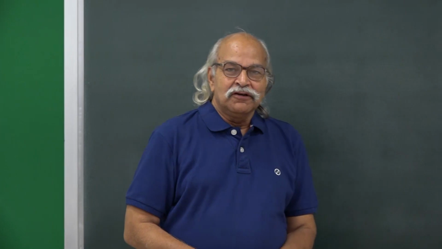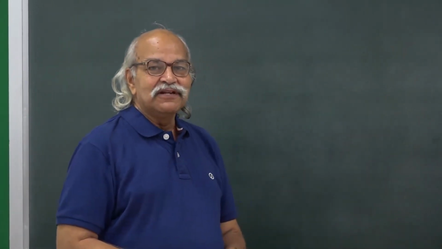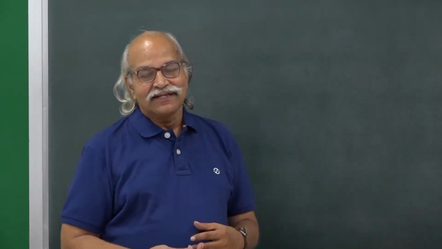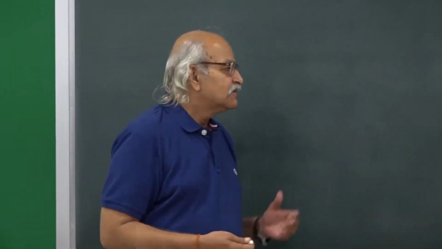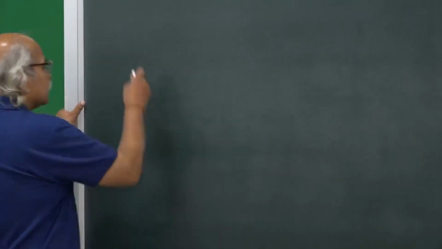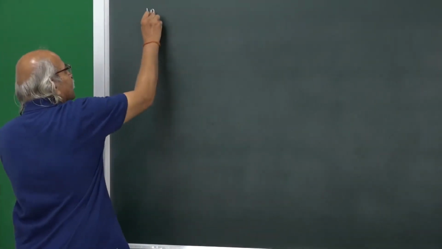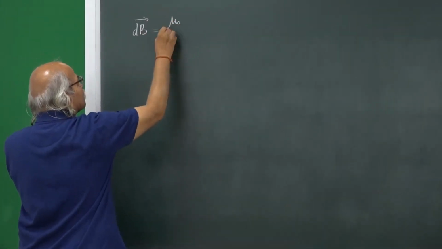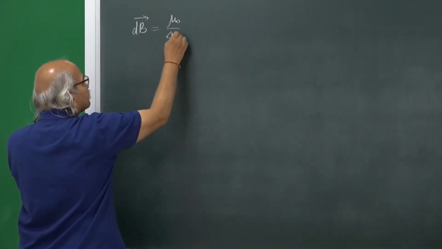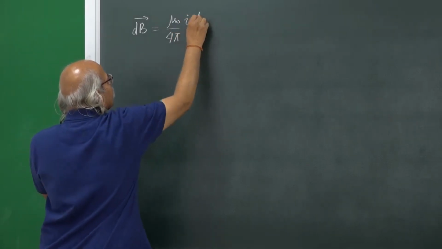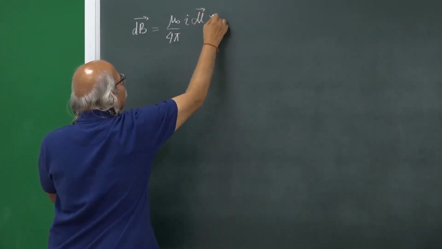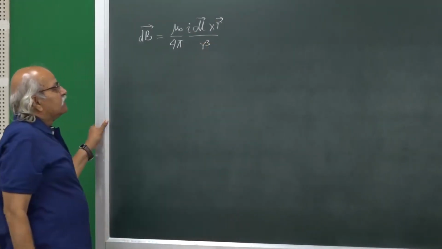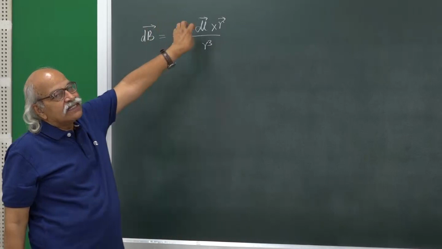So, we were talking of magnetic field due to currents, and to calculate that we have our favorite Biot-Savart equation, and that is for a current element dB is mu naught by 4 pi, I dl cross r divided by r cube, and this is for a linear current.